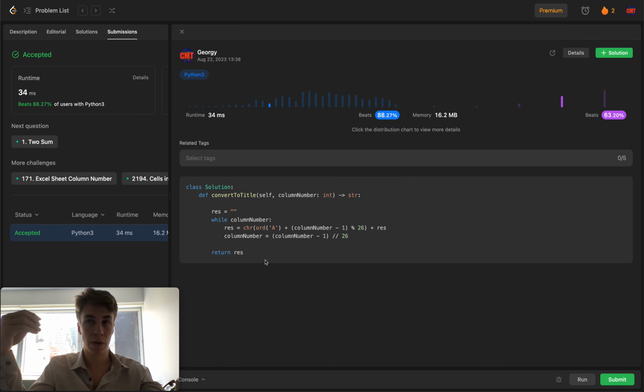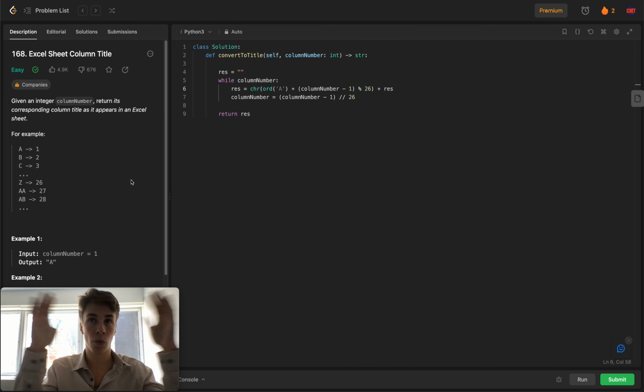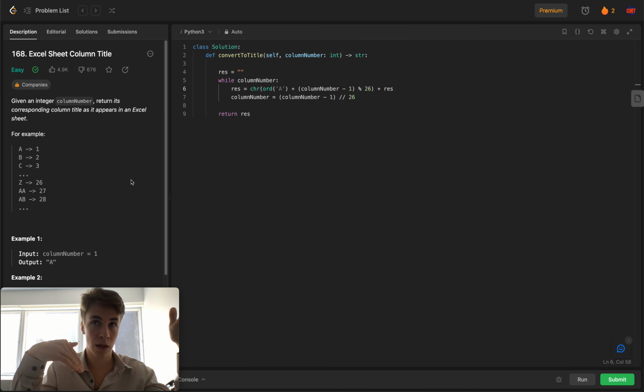When you are trying to divide a number, and this is basically what dividing is, you're putting it into another representation. You have to sort of link how those two representations are related. In this case, the range of numbers 1 through 26 goes into a range of characters A through Z. The next step of that, 27 through, what is 27 plus 26, 53, are going to be AA through AZ.